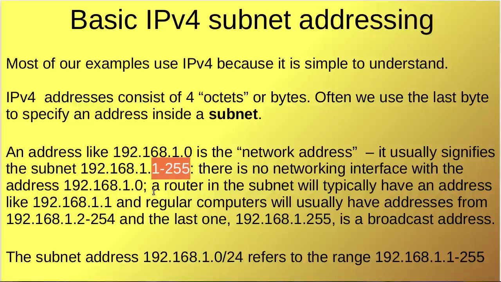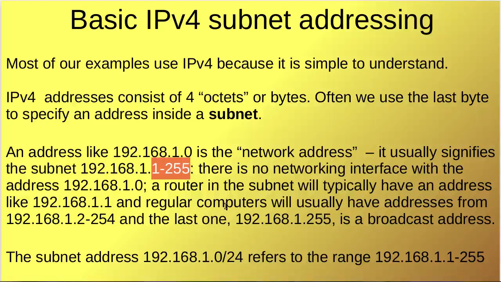192.168.1.0. Typically, although it's not required, a router in the subnet that can take you outside this network will have the address 192.168.1.1. That is the first station that's possible to get an address in that network, and it will typically be the router, which will also be the gateway.